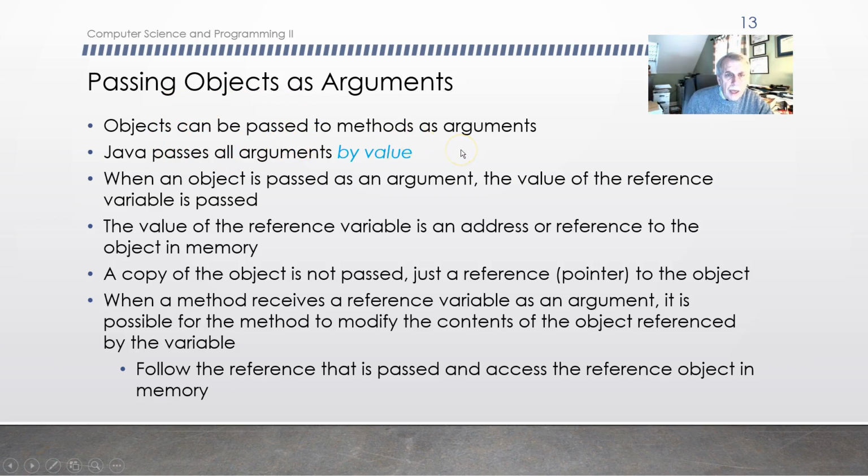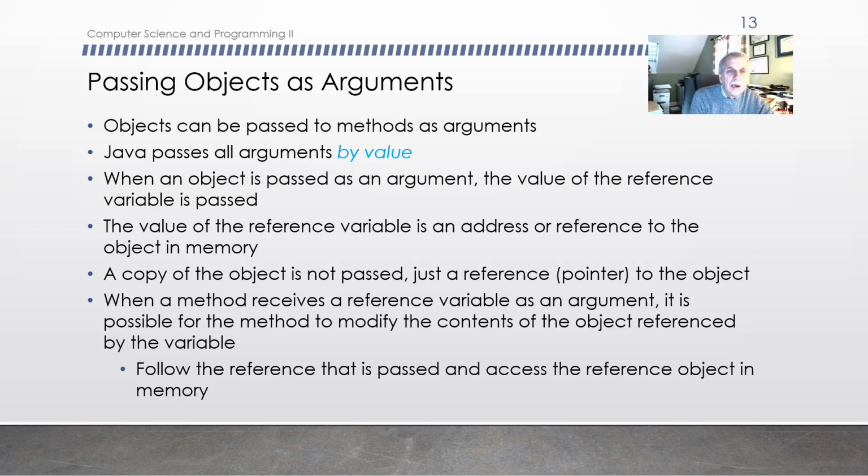Objects can also be passed to the methods or the subroutines or the functions as arguments. But remember, what we're passing when we refer to an object is we're not actually giving you the object. We're working with a reference variable. Remember, if I instantiate an object, what I have is a reference variable that contains a reference to, or the pointer to, or the address of that object somewhere in memory.